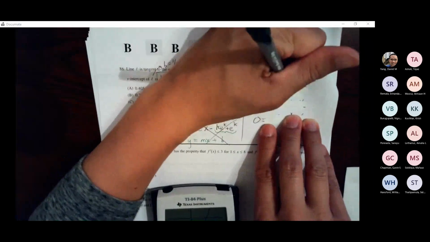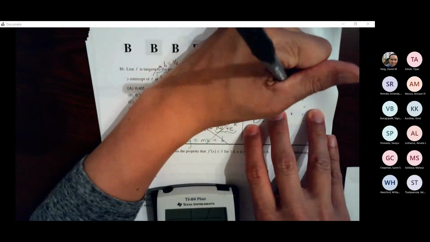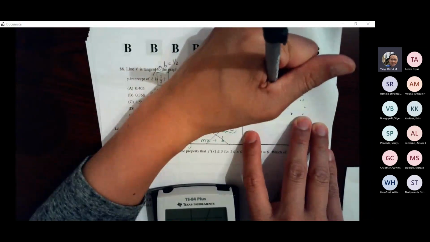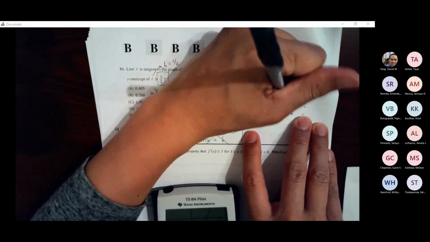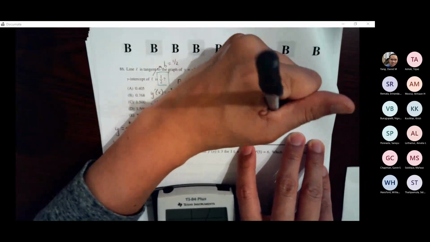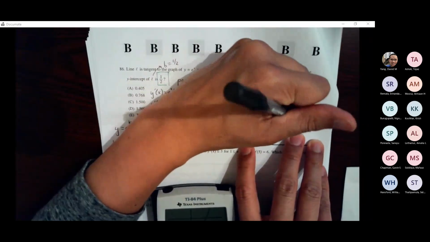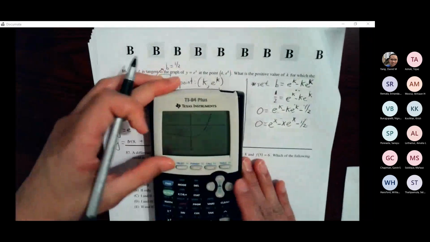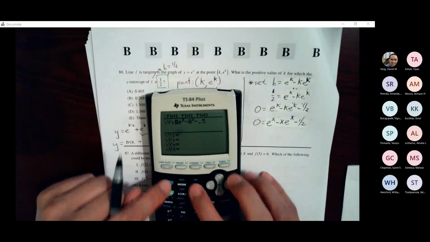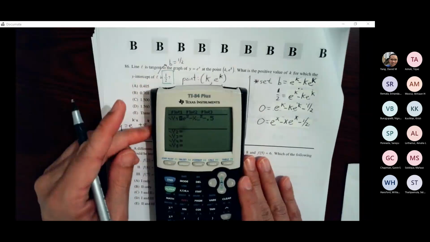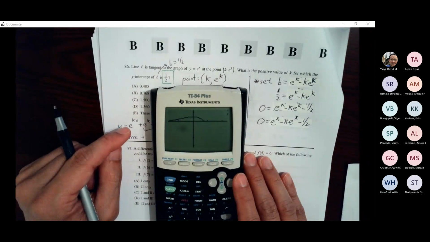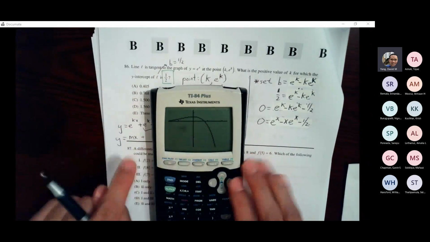Okay, let me try again. Okay, so there's my x-intercept.